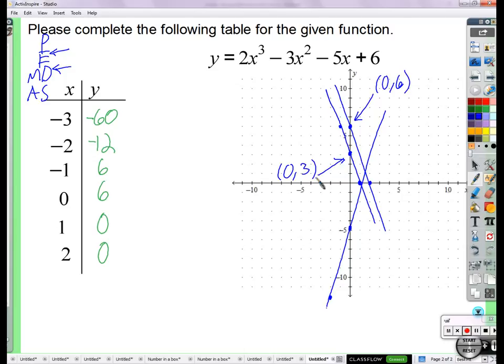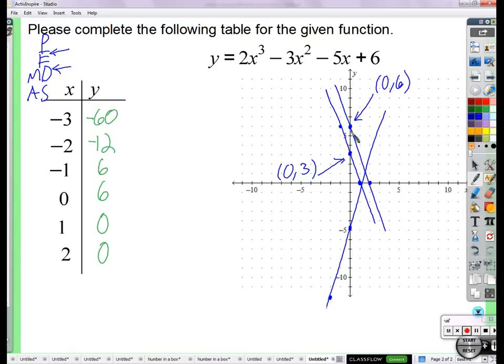You put in 0, you get out 3 is what this point is saying. Is that true for this function? If I plug in 0, I get out 3. No. If I plug in 0, I get out what? 6. Maybe if you try it again. Try plugging 0 in again.